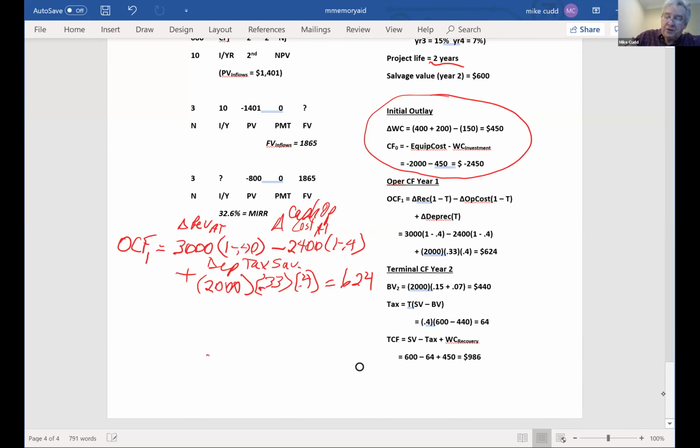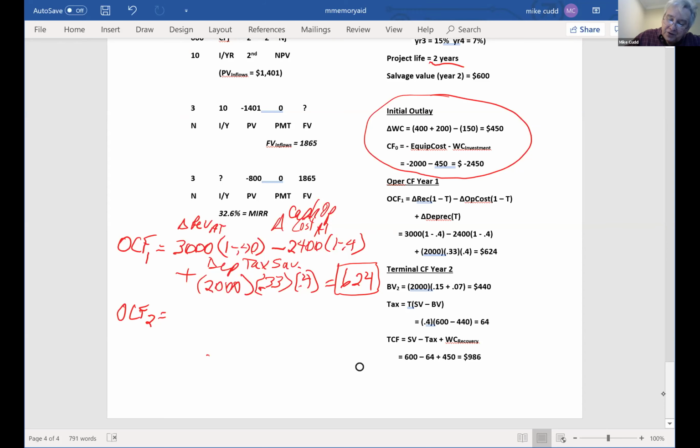Let me double check that. Since the other stuff looks a little wonky. Okay, 2,000. Yeah, 624.